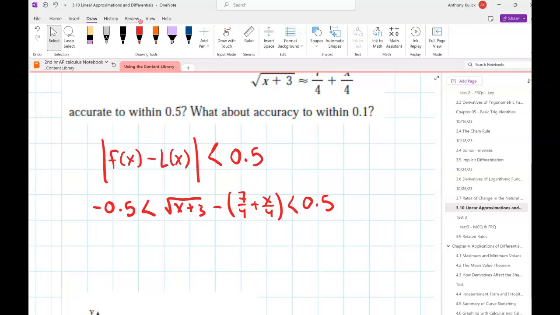So what I'm going to do now is subtract the square root of x plus 3.